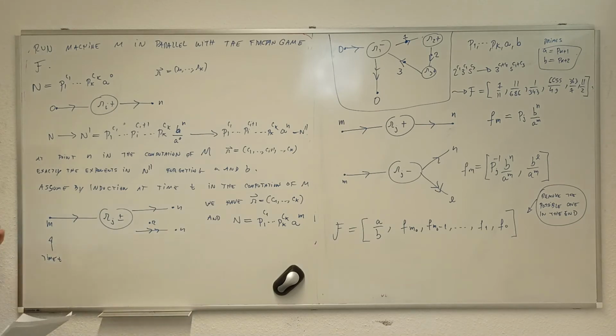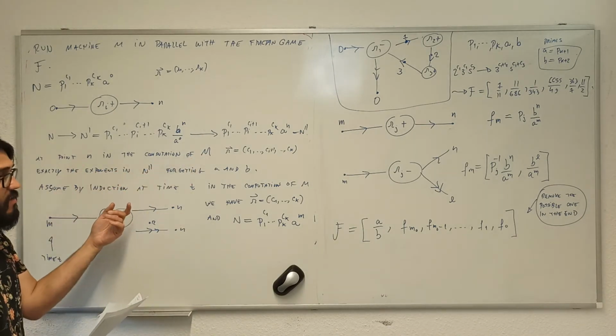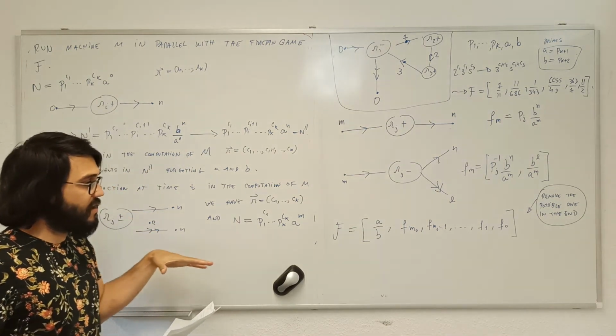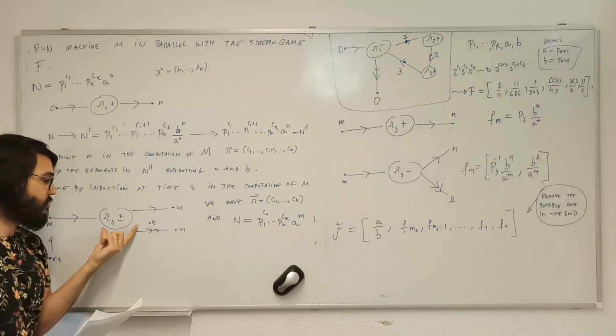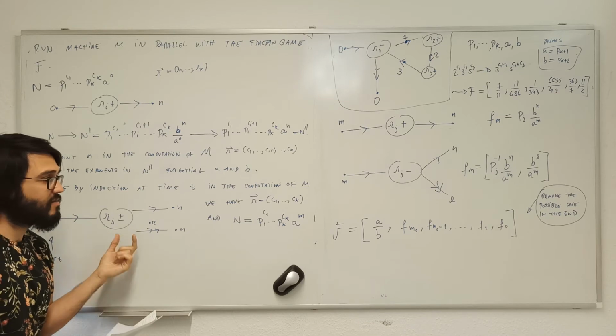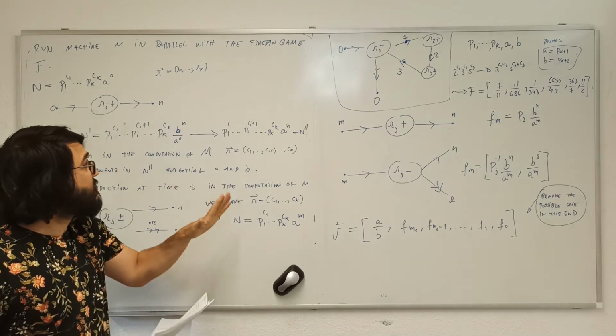So what I'm doing is running M and the FRACTRAN game in parallel. Whenever M passes through one node that adds or subtracts, the FRACTRAN game does two steps.